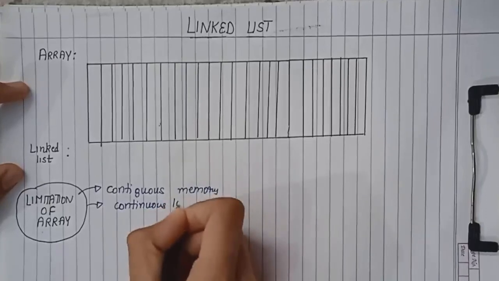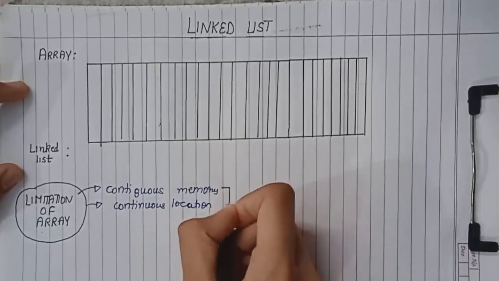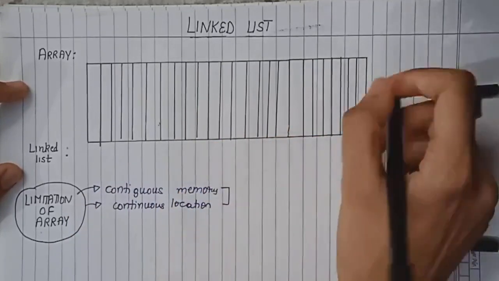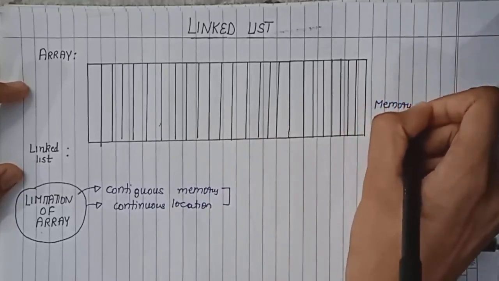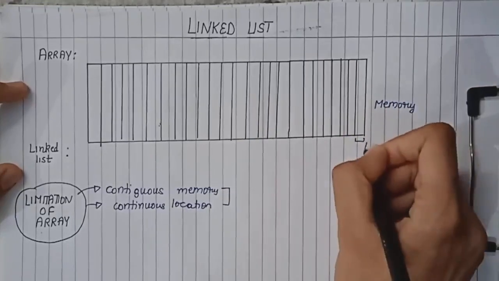continuous locations. Let me take an example to make you understand this. Let us assume that this is your memory and each box is a byte.